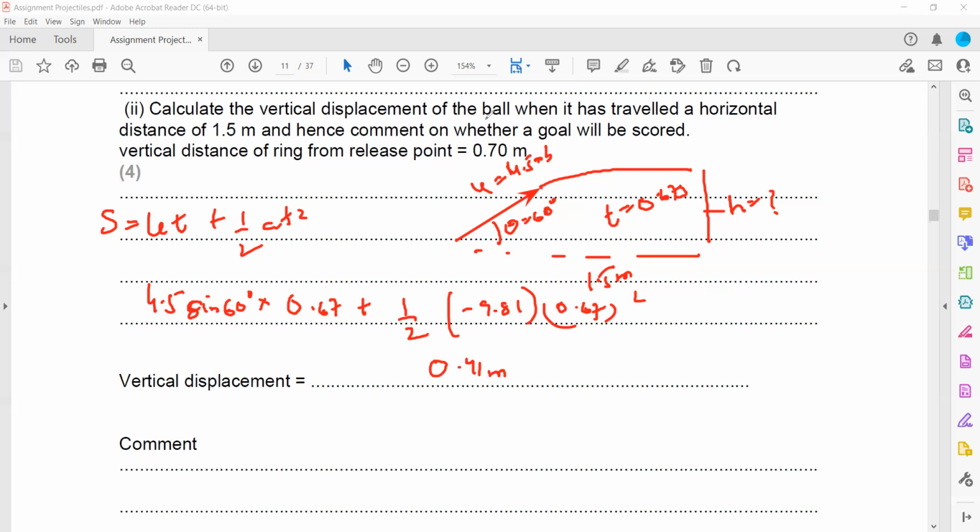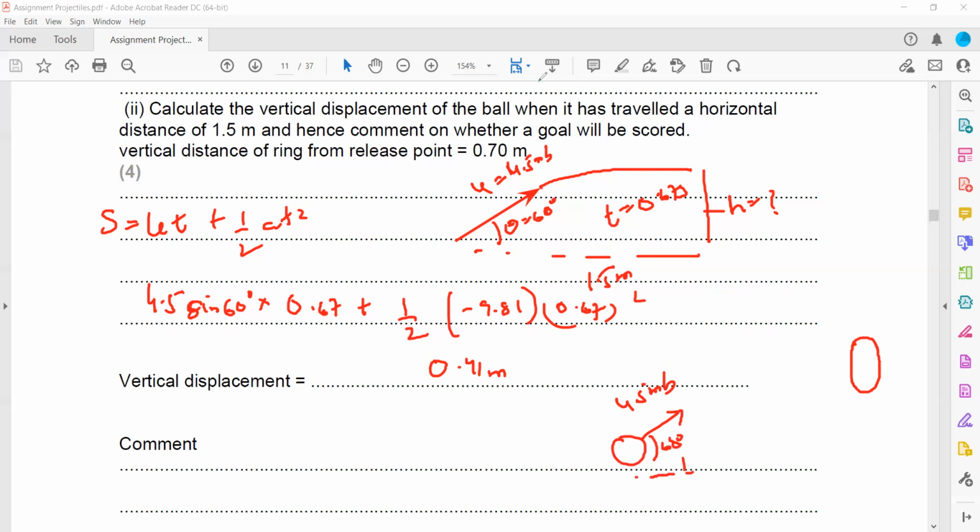Then the comment. As I mentioned, there is a ring at some vertical distance from the release point. It can be in this manner, for example, the ring is in this manner. And a person shoots the ball with an initial velocity of 4.5 at an angle of 60.